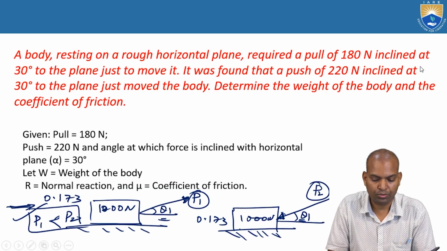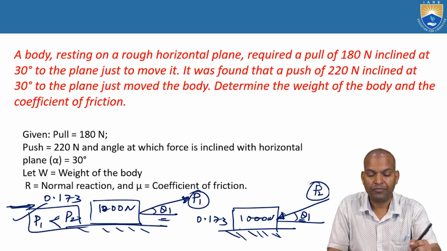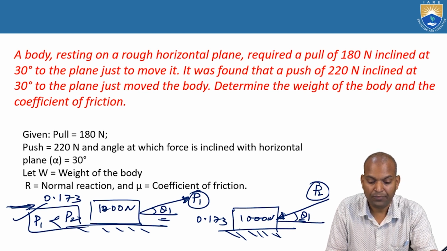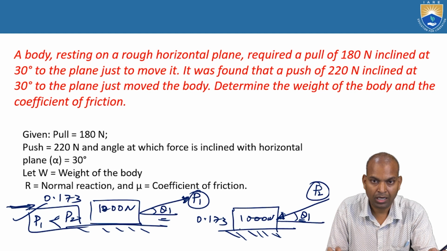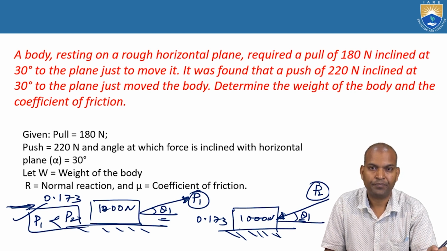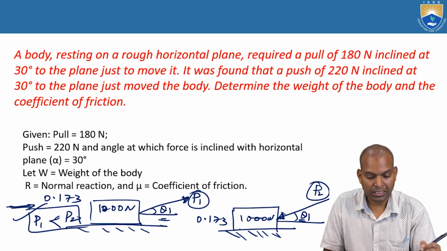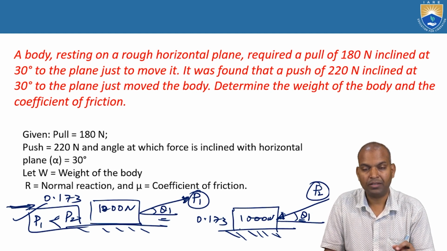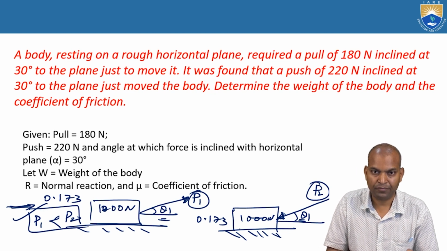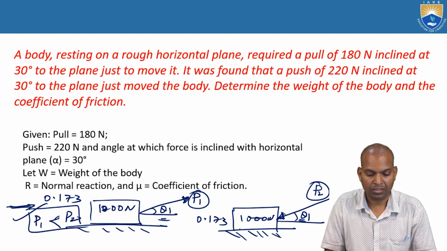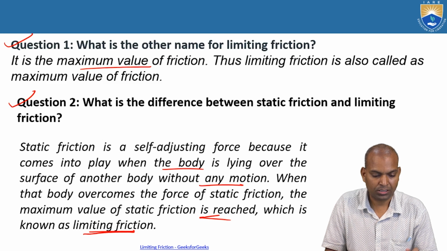And in model 2, there are two cases, where the efforts P are given, push and pull, but we have to find the weight and the coefficient of friction. All right. And one more thing, in the starting and middle of the session, we answered some questions which frequently come up.